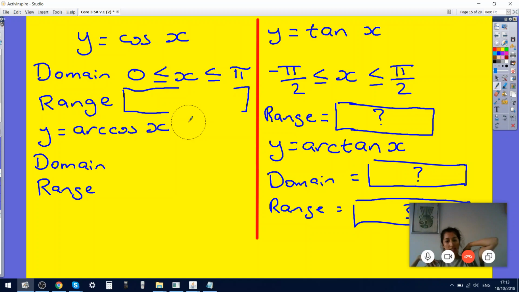So y is greater than or equal to 1. And cos... So what's the range for cos? Y is greater than or equal to -1, yeah, less than or equal to 1.